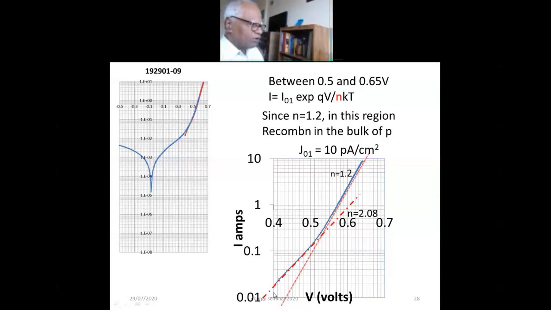So if you get away from the region where the shunts dominate the current, here you have n equal to 2, and here you have n equal to 1. So this is the region where all the recombination takes place in the junction, because you have lots of defects in the junction, and this is the recombination in the bulk. And it is the purpose of everybody to reduce this as much as possible so that the IV looks like this and not like this.